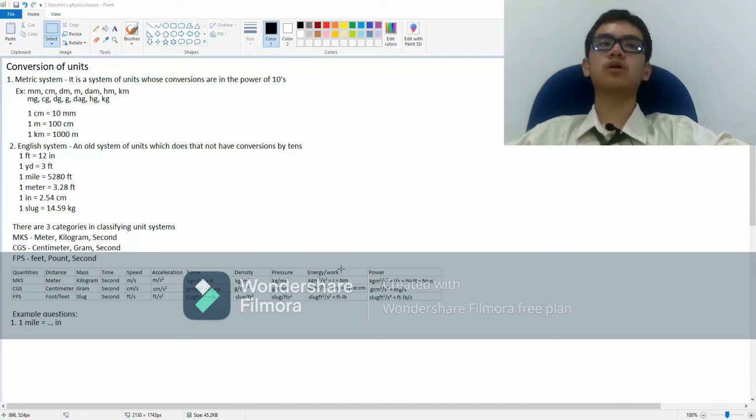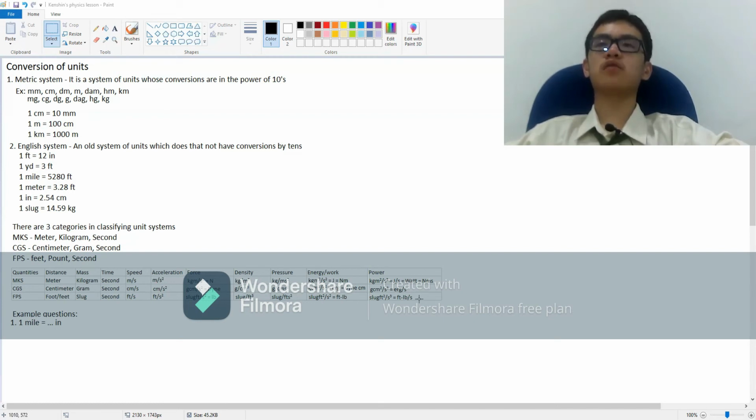For energy or work, for MKS we usually use joules, which is just force times meters, newton times meter. For CGS we have erg, which is just dyne times centimeters. Energy or work for FPS is slug times feet squared over second squared, or we just call it foot-pound to be simple.